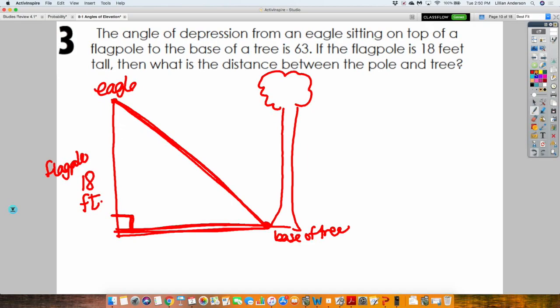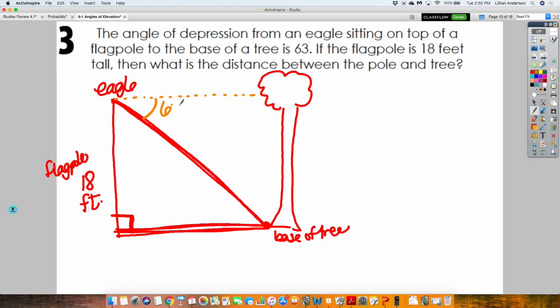This is exactly what I was talking about. Remember, for the angle of depression I need two things: my line of sight and a horizontal line. So the eagle is originally looking out, but when he looks down and sees a worm at the base of the tree, that is his angle of depression. So 63 goes here.